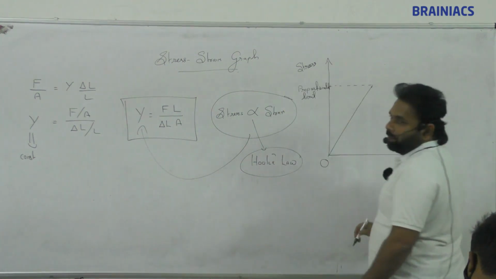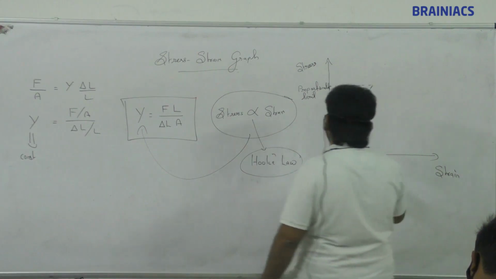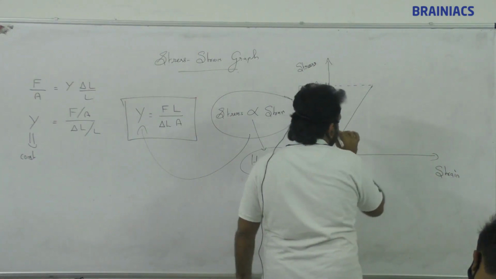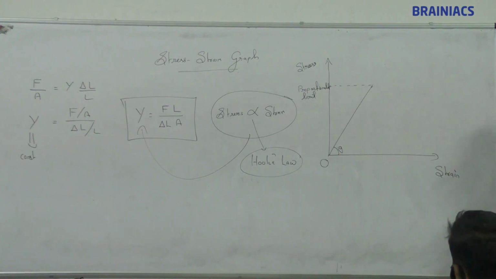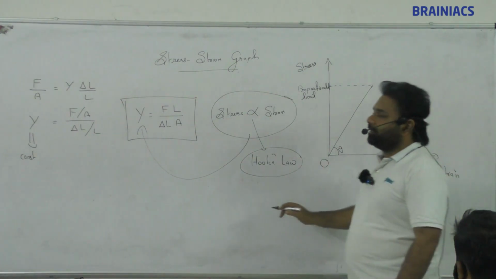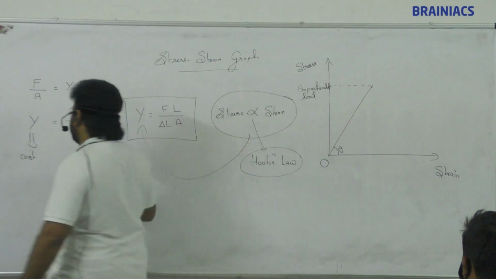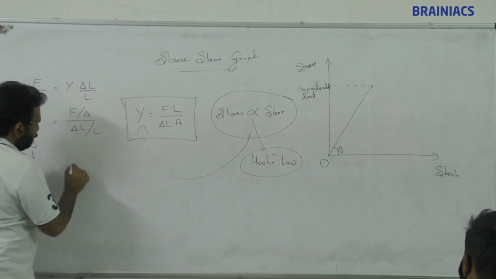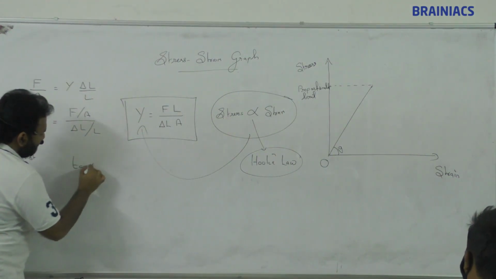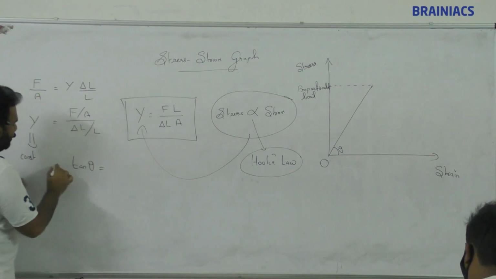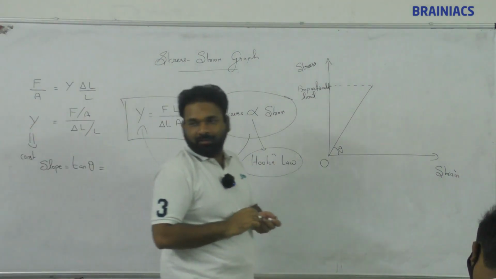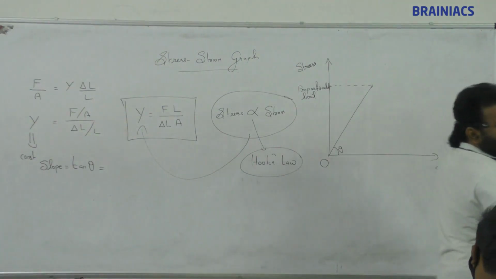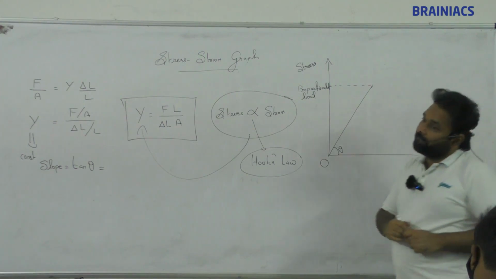Okay, we will extract some information from this. Suppose I put a theta here. If I take tan theta, what info will I get from that? Slope. So when we take the slope, what will I get? Stress by strain, which is Young's modulus.